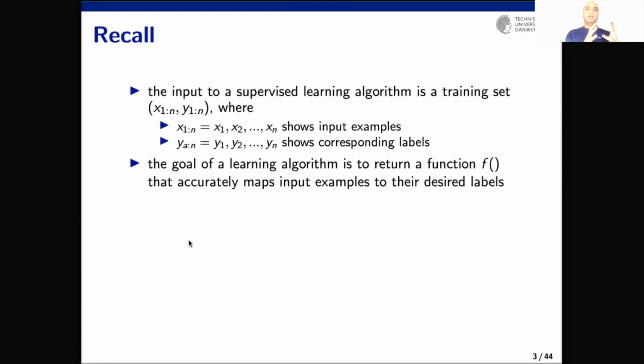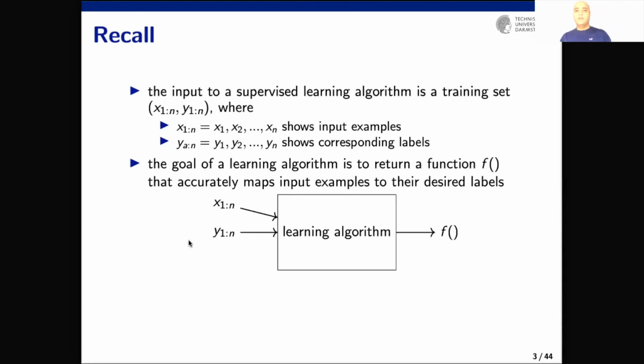So the output of the learning algorithm is going to be a function f that accurately maps input examples to their desired labels. If we look at a learning algorithm like a box, then the input to this learning algorithm is X and Y, or the data that we have, and the learning algorithm learns a function that accurately maps X's to Y's, and then it returns this function f.